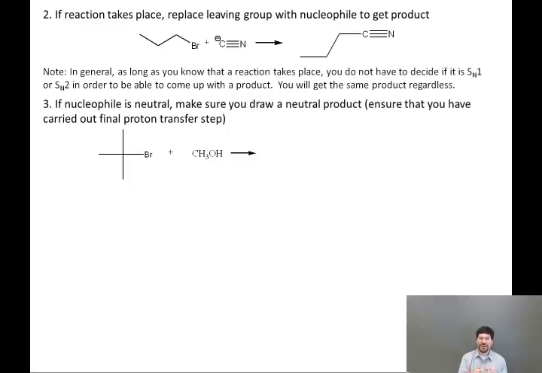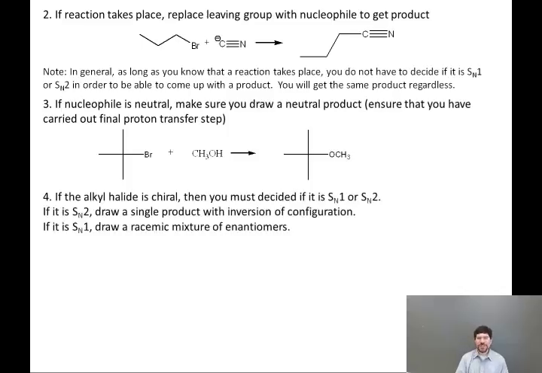What you do have to know is that since it's SN1, the nucleophile is good enough. What we're going to do is take off the leaving group and replace it with OCH3. The hydrogen from CH3OH is lost over the course of the mechanism, so it needs to not be there in the product.